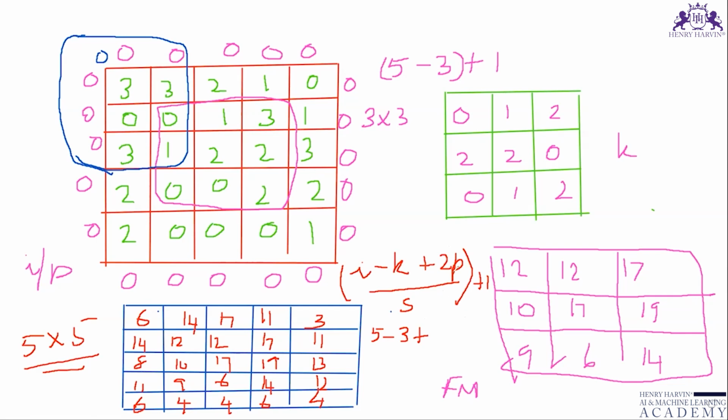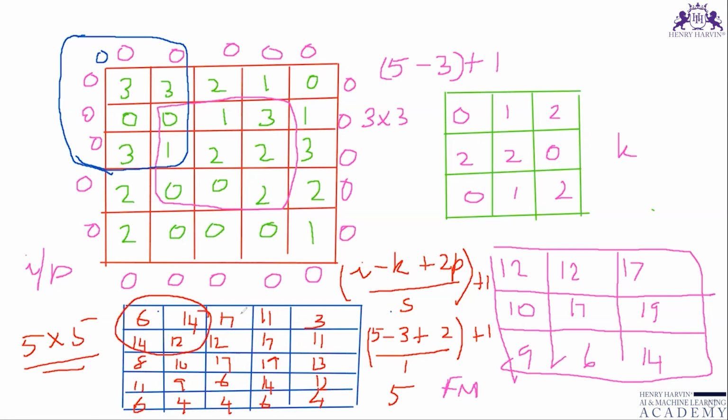Only 1, so 2 into 1 is 2. Divided by, yes, we moved it by one stride only. We have not seen the stride yet. Plus 1. So 5 minus 3 is 2, 2 plus 2 is 4, 4 plus 1 is 5. That's why we got the output as 5 cross 5. Is it clear? Yes. So in this case, if you do average, maximum pooling, what do we do?